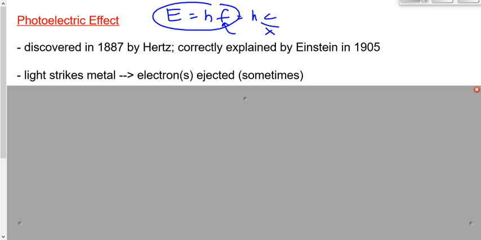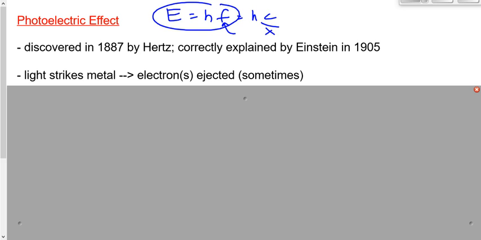Well, Hertz reasoned that it must be the energy of the photon, or the energy of the light, that causes the electron to be ejected. He is right. It is the energy of the light that's causing the electron to be ejected, but his explanation beyond that wasn't right. He suggested that if an electron was not being ejected, then it must be because there was insufficient photon or light energy.